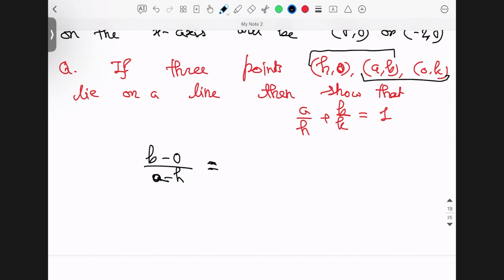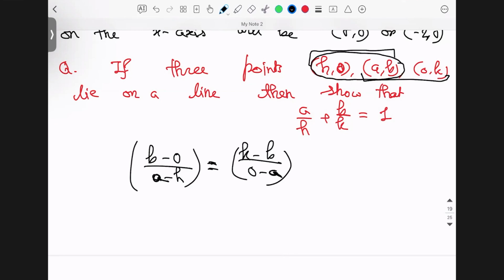The other case will be k minus b divided by 0 minus a. So how have we done this? We have first considered these 2 points and next considered these 2 points.